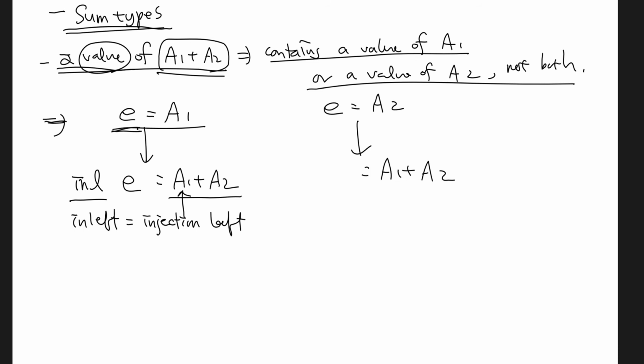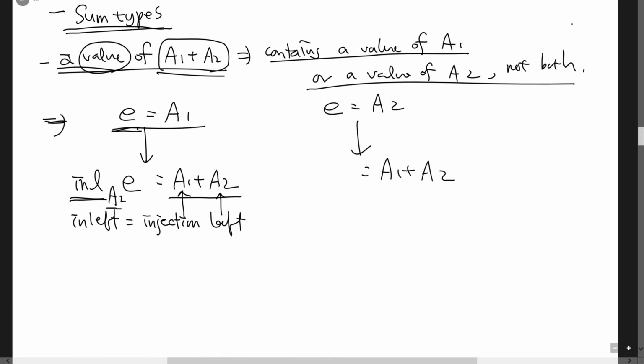And in order to tell the type on the right side, we annotate this injection left keyword with the type A2. So expression E has type A1, so injection left E has type A1 plus A2, where A2 comes from here.